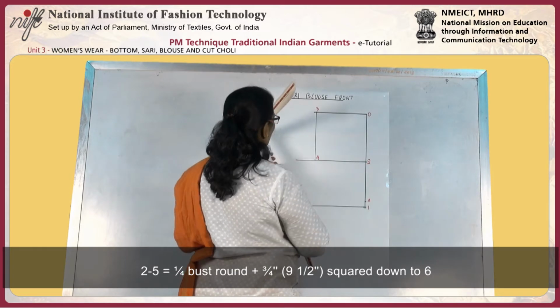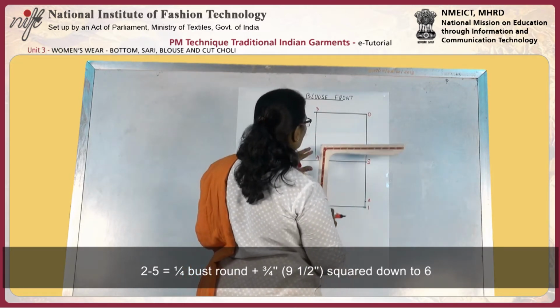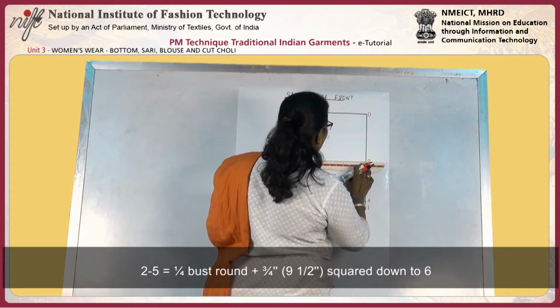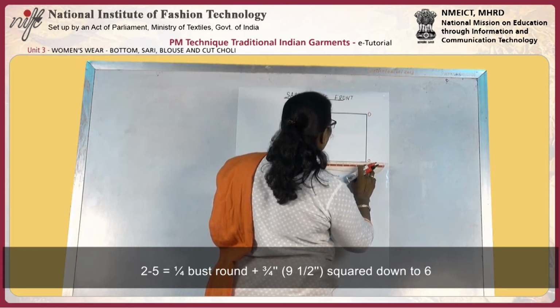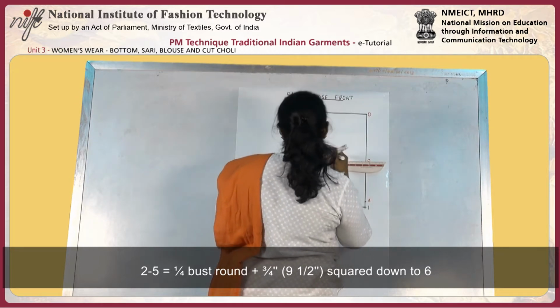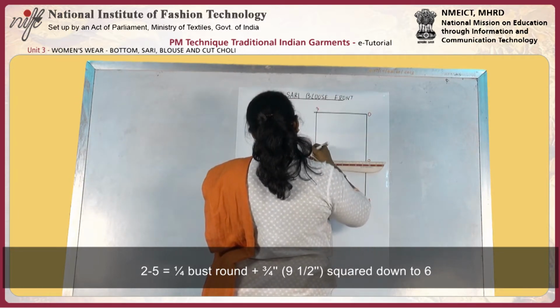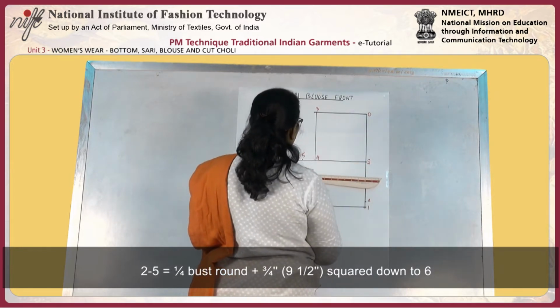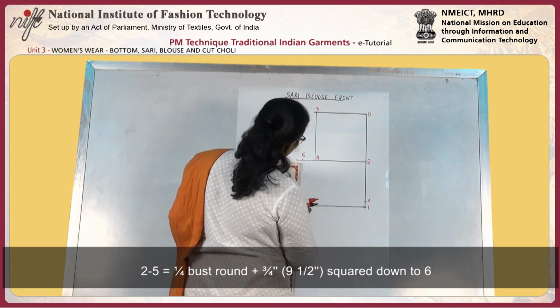And 2 to 5 is equal to bust by 4 plus 3/4 of an inch, is 9.5, mark 9.5 inch and square down to 6.